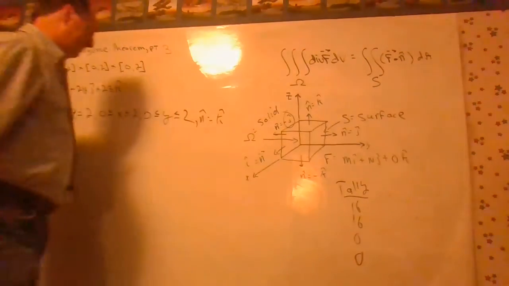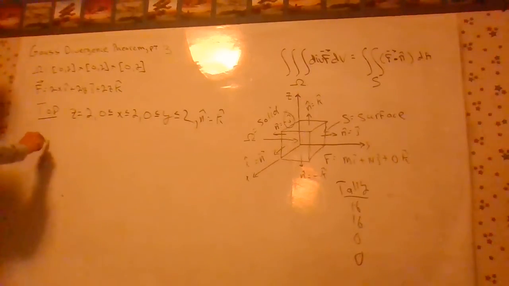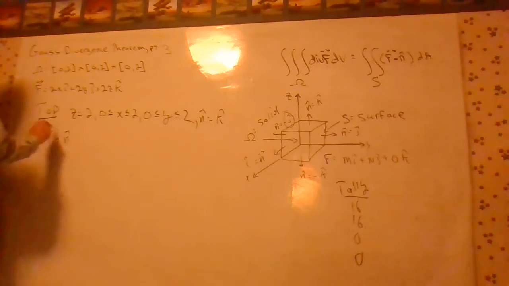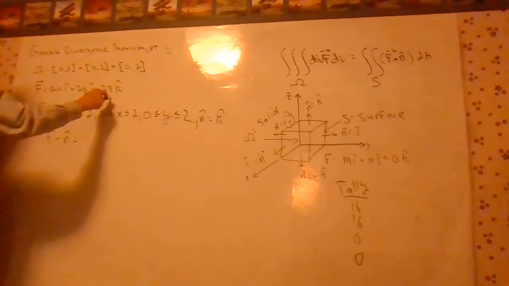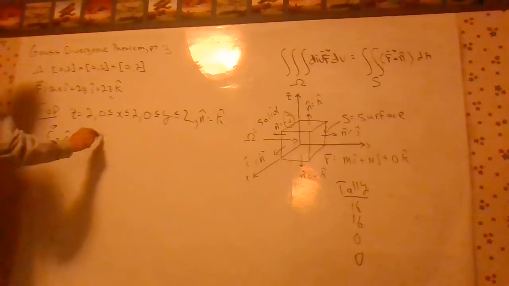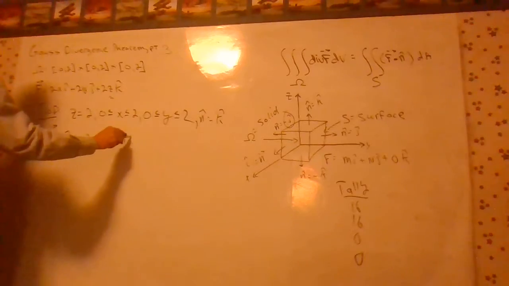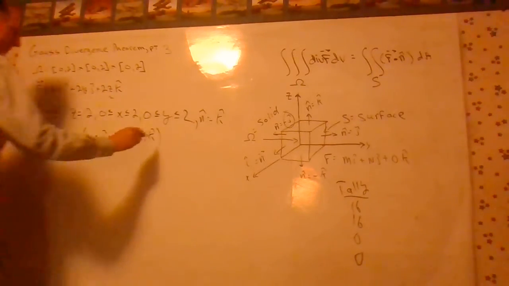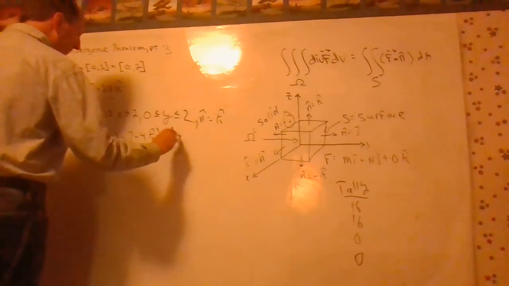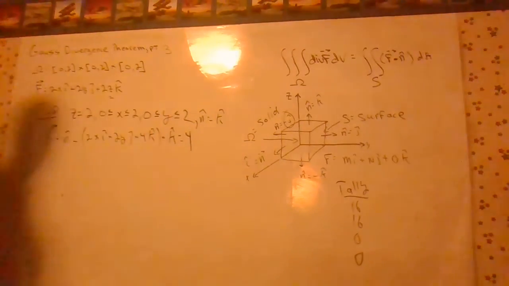Points straight up. And so F dot n is equal, you can plug 2 in right here, and we get 2xi plus 2yj plus 4k dotted on k equals 4.